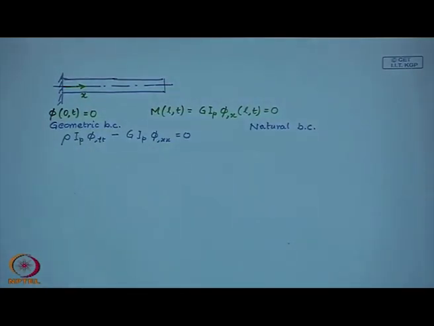So, with this we complete our discussions on axial and torsional vibrations of bars. To summarize, we have considered axial vibrations of bars, we have derived the equations of motion, and we have seen the boundary conditions of two types, namely the geometric boundary condition and the natural boundary condition.